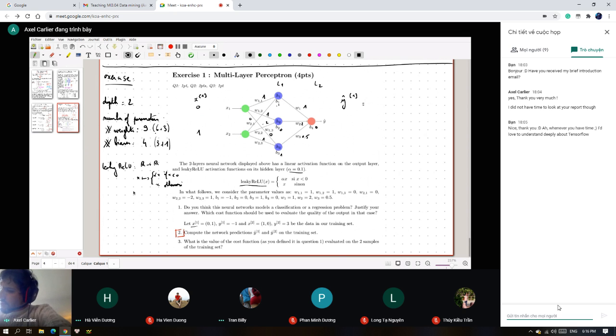This means that we have a leaky ReLU that looks like this. We have the positive side, which is like this, and we have the negative side that is like this.